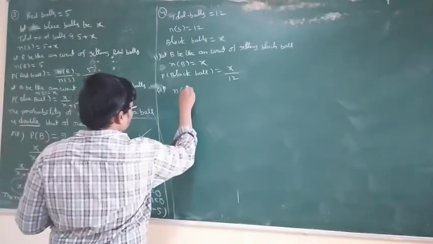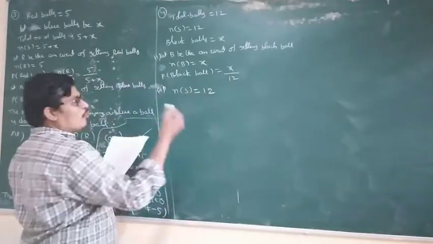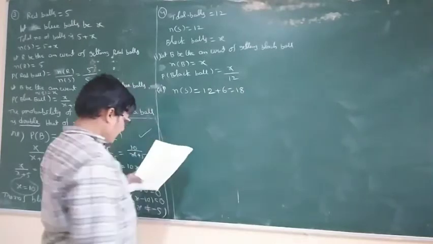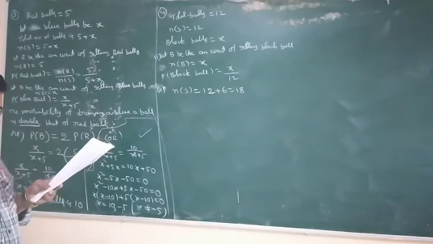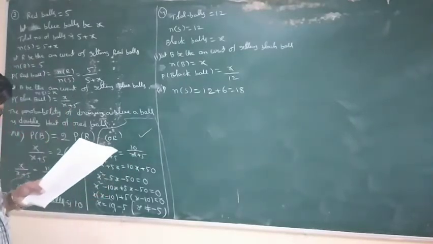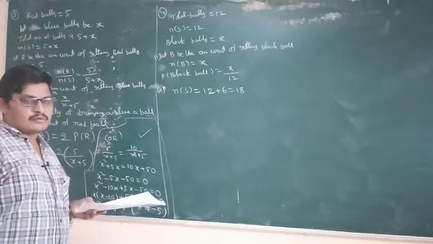Totally the box has 12 balls and 6 more balls are put in the box. So the total one is 18. The probability of drawing a black ball is now double of what it was before.